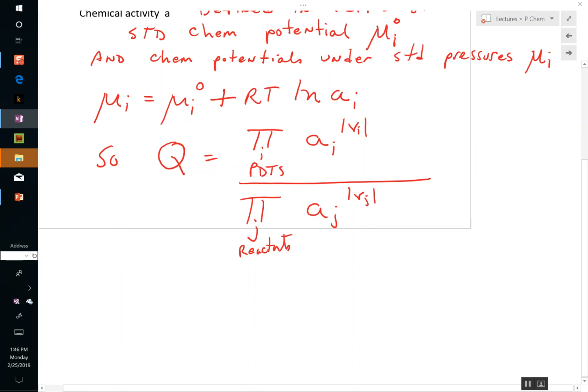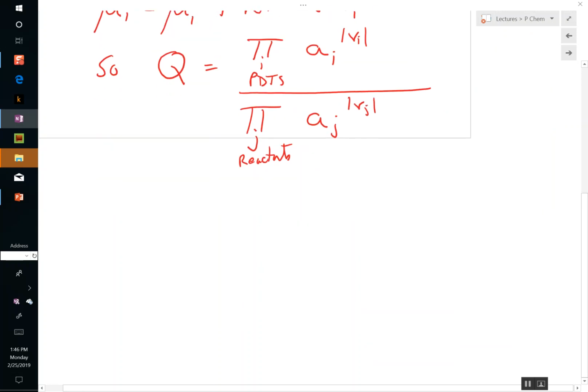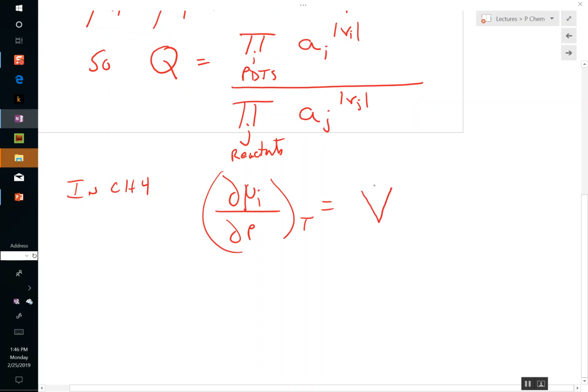Okay, now the author refers to an equation in chapter 4. I didn't get the equation number. In chapter 4, not methane, there was this equation: the partial of the chemical potential with respect to pressure at constant temperature is equal to the molar volume of that species.